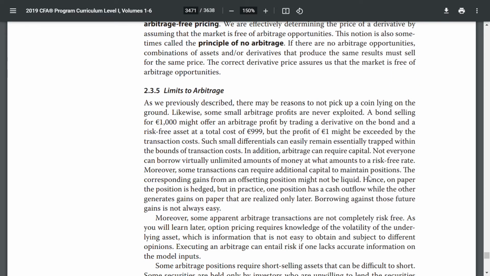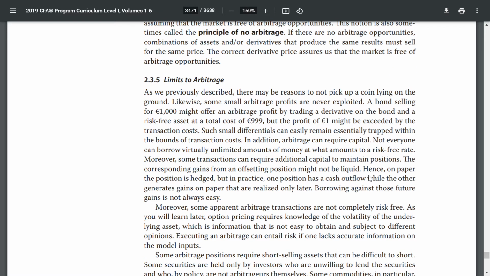Limits to arbitrage. As we previously described, there may be reasons to not pick up a coin lying on the ground. Likewise, some arbitrage profits can never be exploited. A bond selling for 100 may offer an arbitrage profit by trading the derivative and the bond as a risk-free asset at a total cost of 99, but the profit of 1 might be exceeded by the transaction costs.